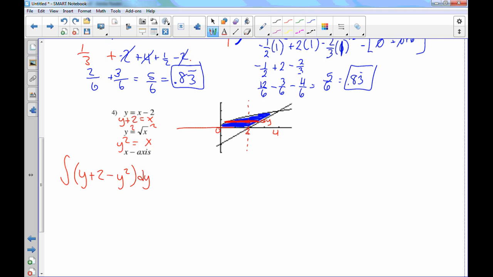Now, the limits of integration, be careful. Remember, we're doing the y's. Your limits of integration should be with respect to y. So it's from 0 to, we need to figure out what this point is. How do we figure out that intersection point?